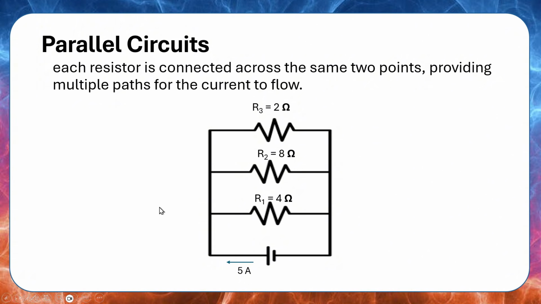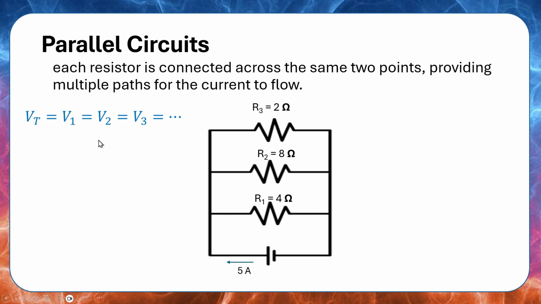Now, the condition that you need to remember for parallel circuit, the voltages this time are the same for each path. Okay, so voltage, which is the EMF here, is equal to the voltage 1, the one going this way, which is, we only have R1, so this is the voltage 1 here, equal to the voltage 2, the voltage drop used here, and equal to the voltage 3, the voltage drop used here.